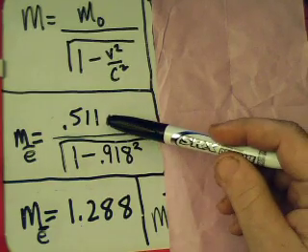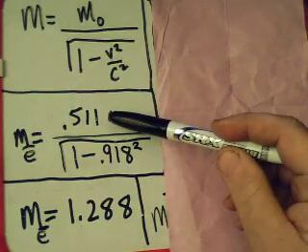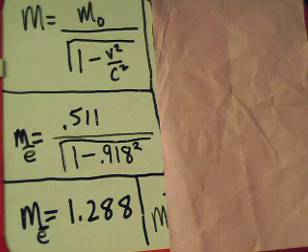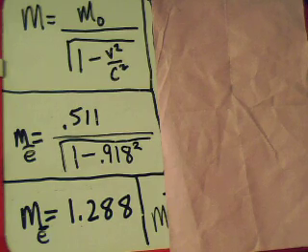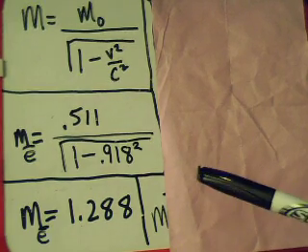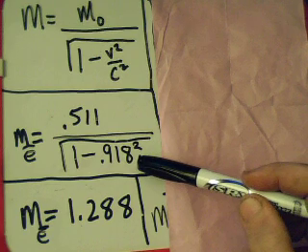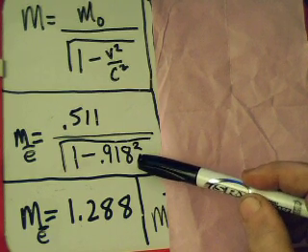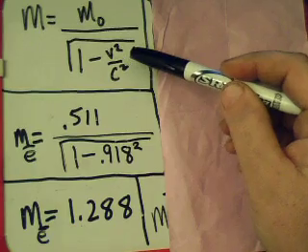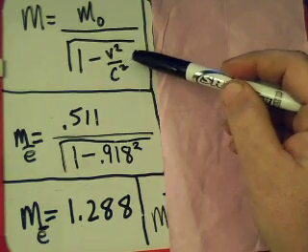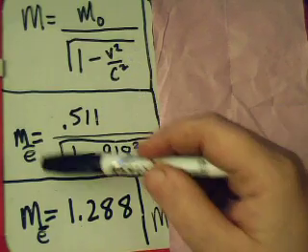We're going to do something interesting and give the electron a velocity of 0.918 times the speed of light, which we will place into here as appropriate from the equation here. When we calculate this using a calculator, we end up with a mass of the electron to be 1.288.